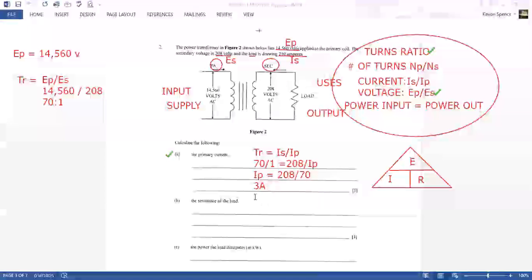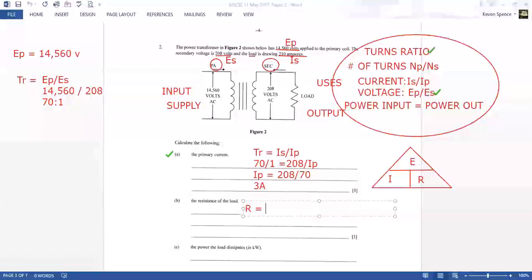So if we cover resistance, the resistance of the load, we would call this RL. I need a small L. Anyway, resistance load would be equal to voltage on the secondary, because the load is on the secondary, so we say ES divided by the current on the secondary, which is IS.